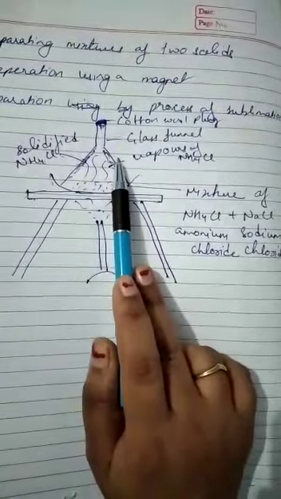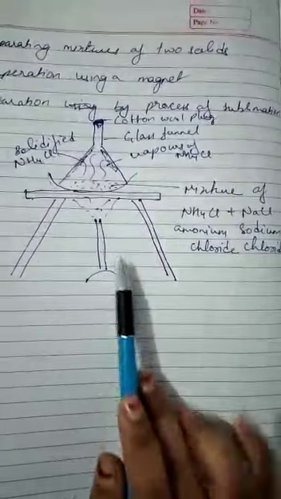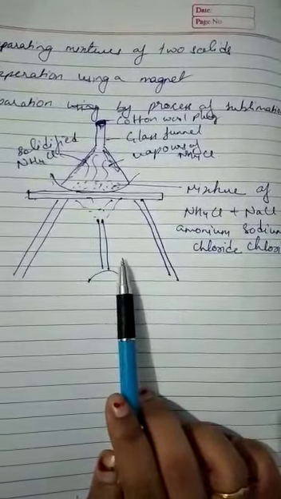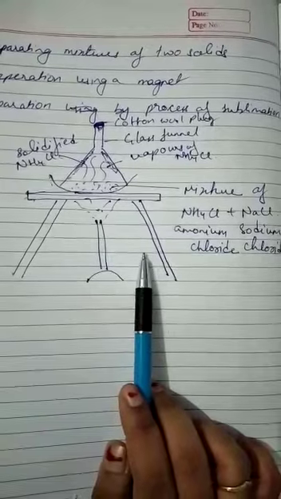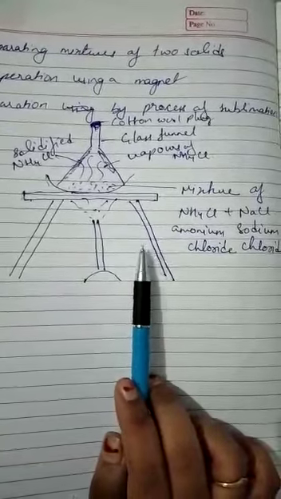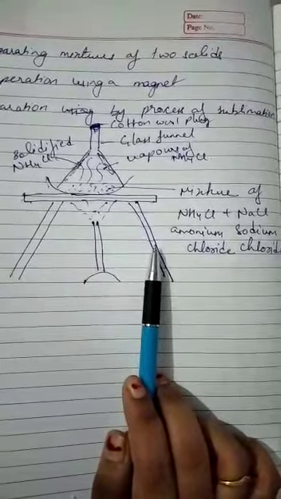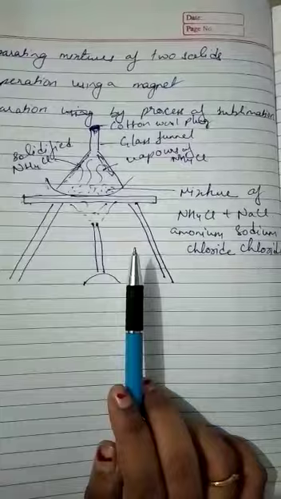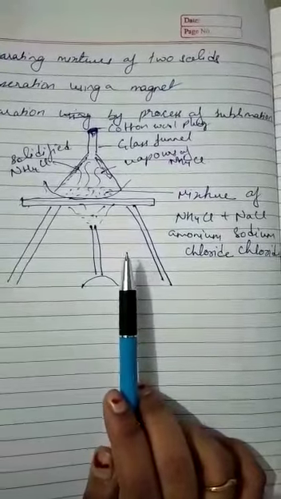After that we heat the mixture using a Bunsen burner. The ammonium chloride in the mixture has the property to sublimate, meaning it directly converts from its solid state into the gaseous state without going into the liquid state.